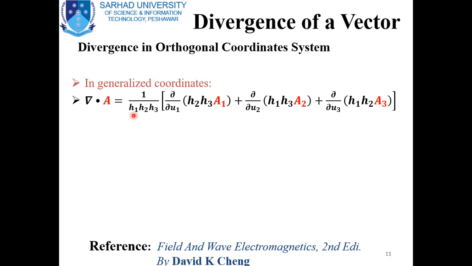And here h1, h2 and h3 represent the metric coefficients. In Cartesian coordinates, all metric coefficients are equal to 1, and u1, u2, u3 will be replaced with x, y, z.